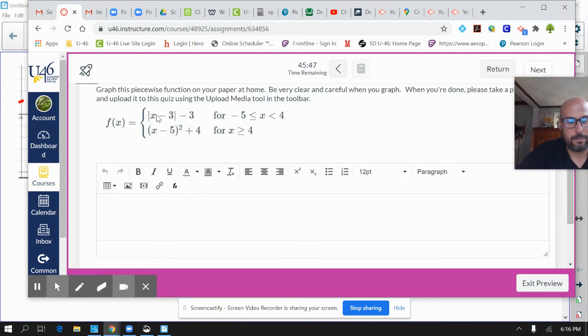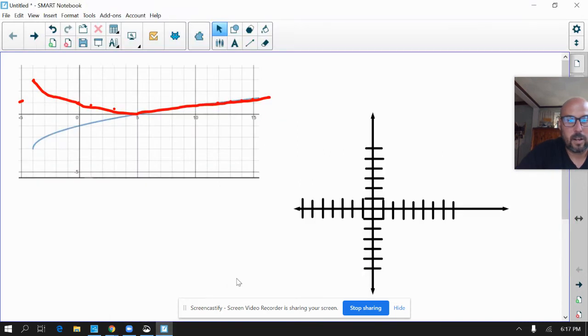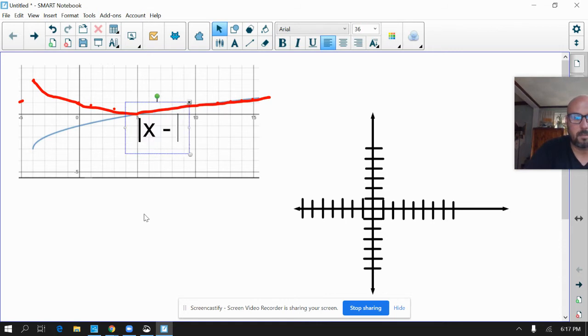Graph this. Absolute value of x minus 3, then minus 3, between these two domain values, and then this parabola for all of these domain values. So I would go back to my scratch work and try to draw this out. It was absolute value of x minus 3, minus 3.